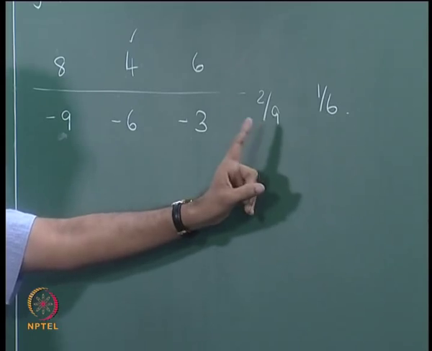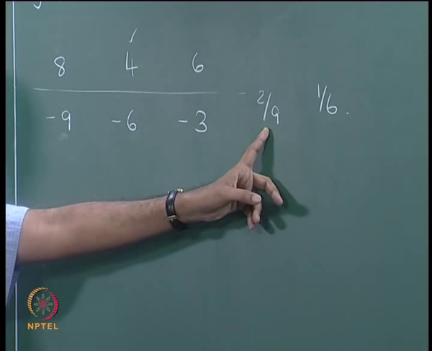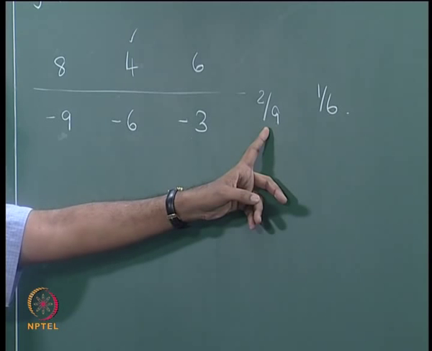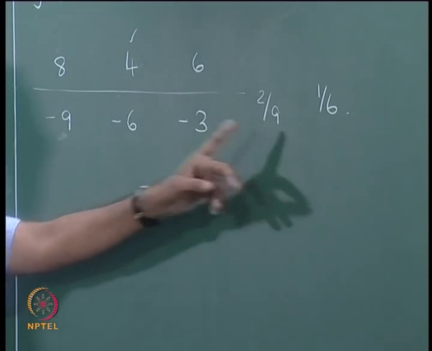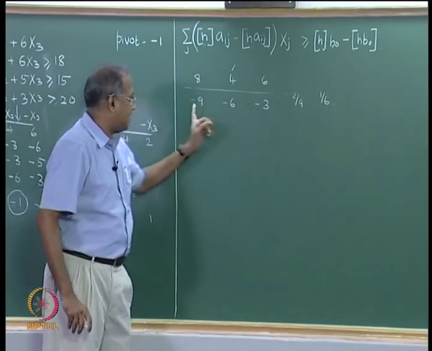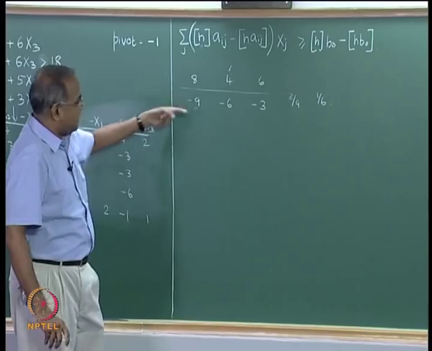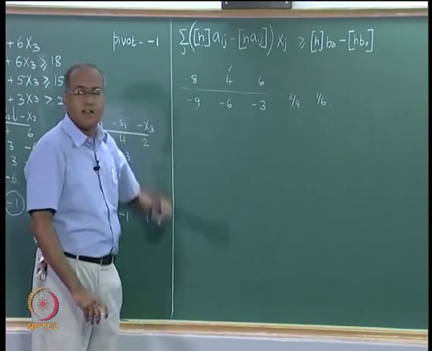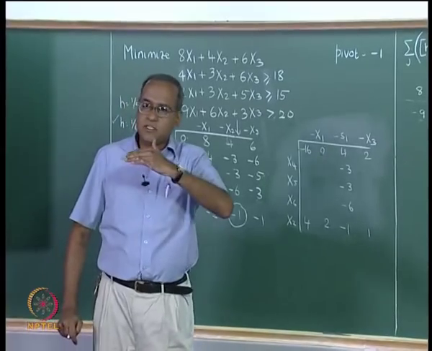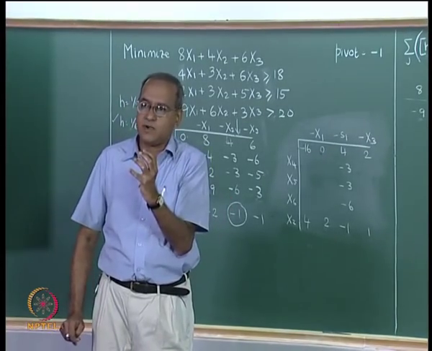If this computed number is smaller, then I will use that h. And when I use that h, whatever h comes here, when I divide it by itself, the pivot will always be minus 1. So, I will be assured of a pivot element of minus 1.